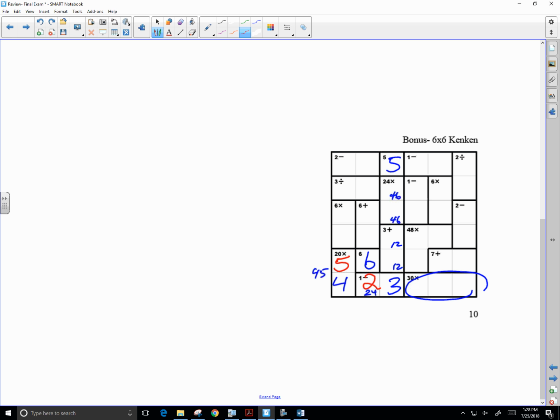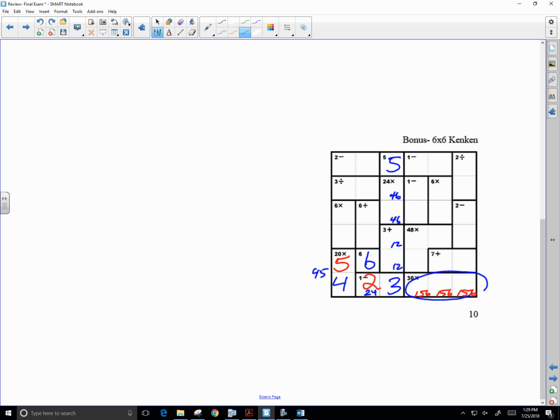What's left over in the bottom row would be 1, 5, and 6, which makes sense because that's got to get you to a 30. In the first column, you're left with a 1, 2, 3, and 6. Okay, so forget what I was about to say. In the second column, you're left with a 1, a 3, a 4, and a 5.